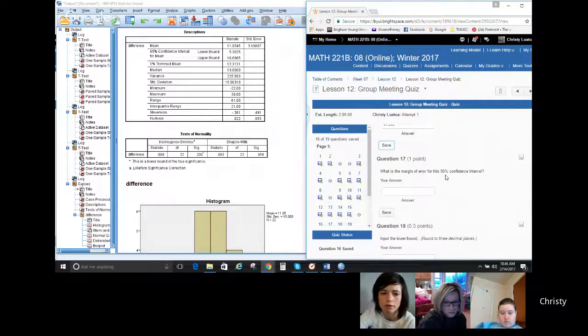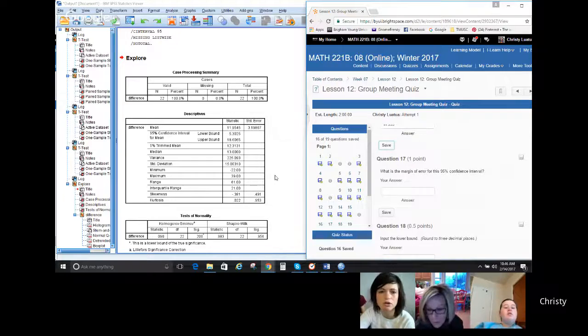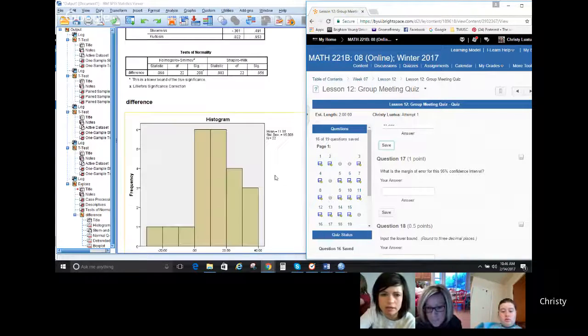Okay. So to get the margin of error, we have to take the t star times the s over the square root of n, right? So then we have to go get a test statistic. Is it on this output?